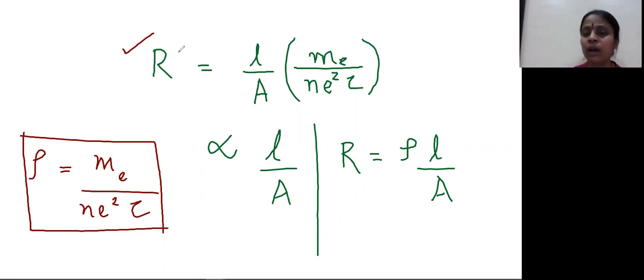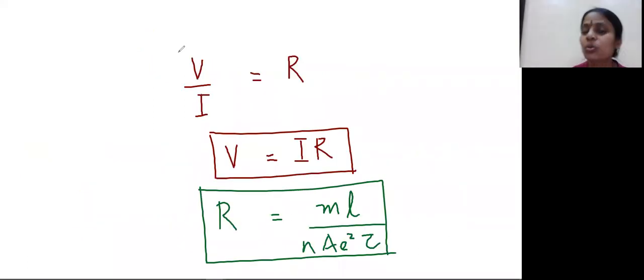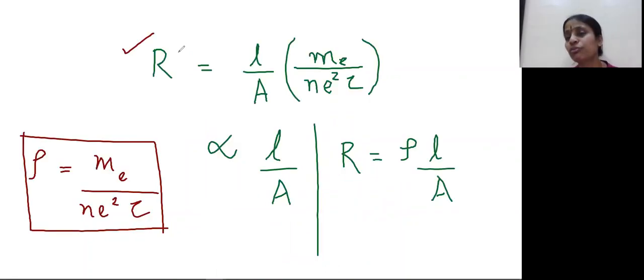So what do we know now? We know that V is equal to IR. We have proved it. Where R, we are going to talk about it as ml by NaE squared tau. And we are moving on to introduce resistivity rho, which is going to be m_e by N e squared tau. Now the reciprocal of resistance is called conductance.